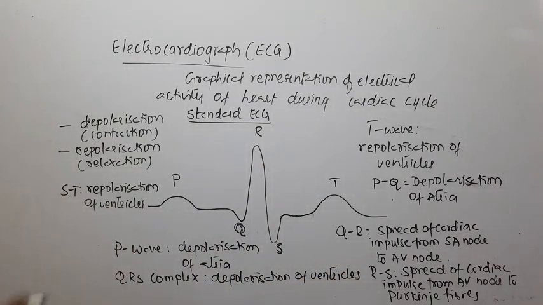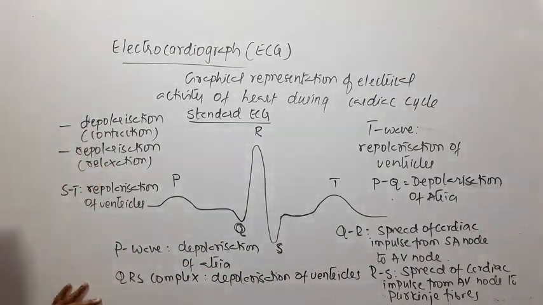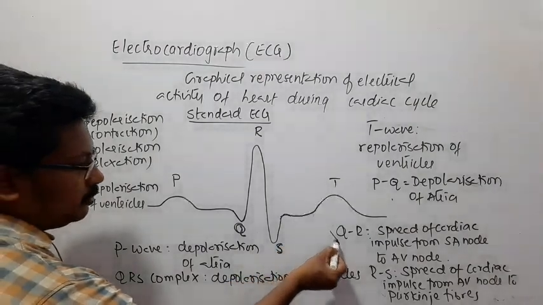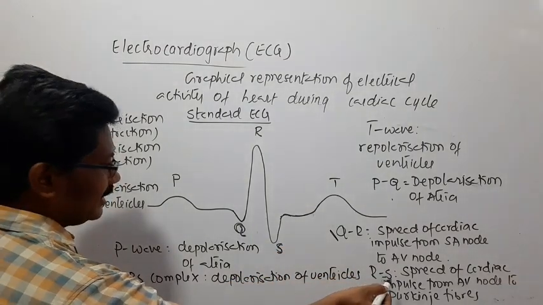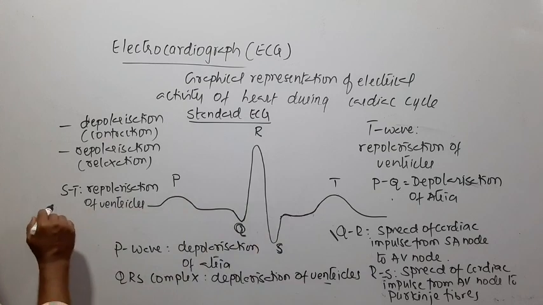And lastly, of course, this will result in the contraction of ventricles. So that is what Q to S indicates, the contraction of ventricles. So here depolarization of ventricles means contraction of the ventricles. Then S to T indicates the ventricles coming back to their normal state. So that is a relaxation. So this is the normal or the standard ECG.